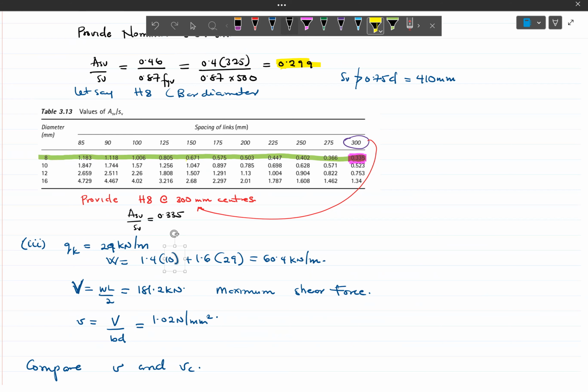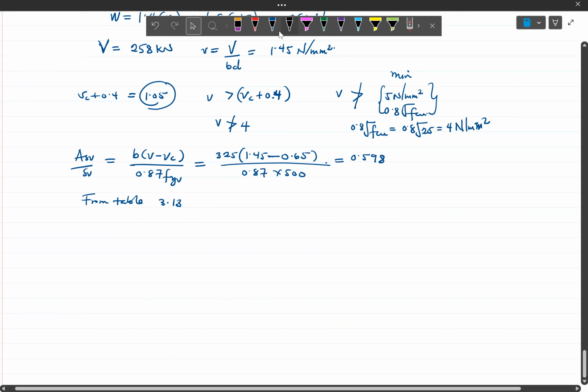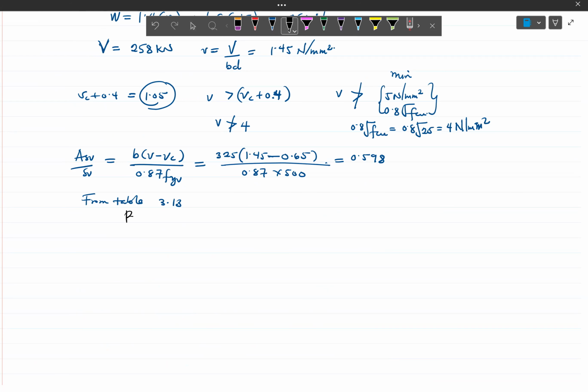So we would prefer to go with a higher value, which is 0.67. What this simply means is that we are to provide H8 at a spacing of 150 millimeters centers, where our new ASV over SV is equal to 0.671. That's what it means, all right?